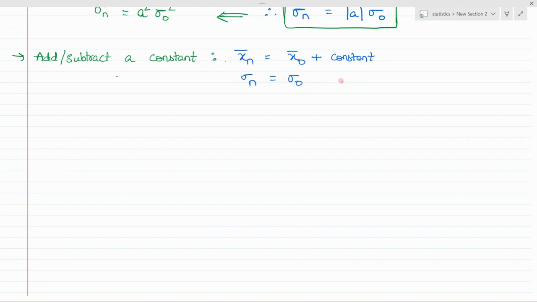They do not change. Similarly, the variance, that is the square of standard deviation, will also not change.